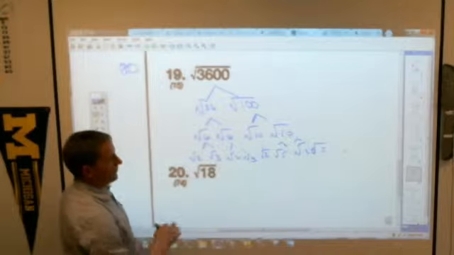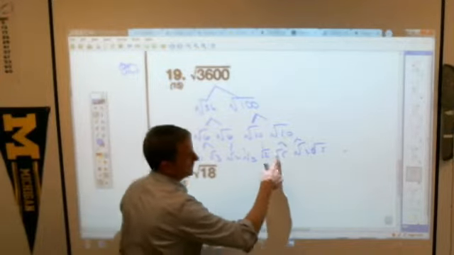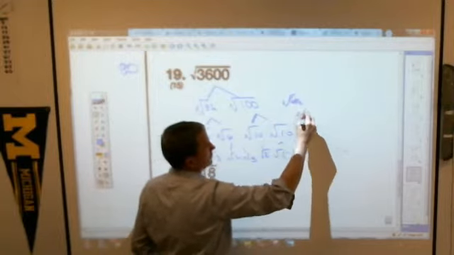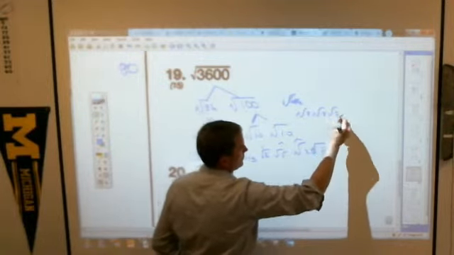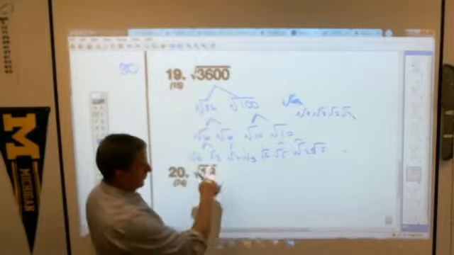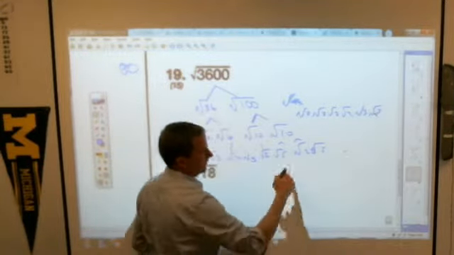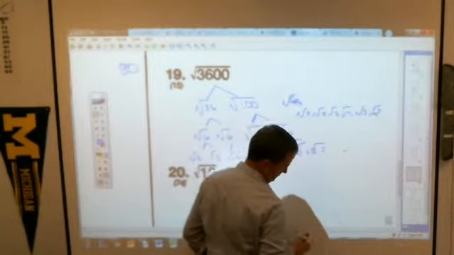If I line those all up in order, I have 4 square roots of 2, 2 square roots of 3, and 2 square roots of 5.